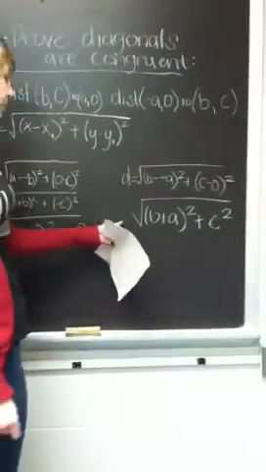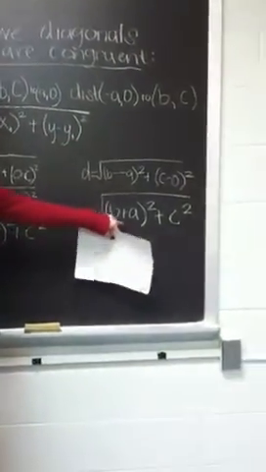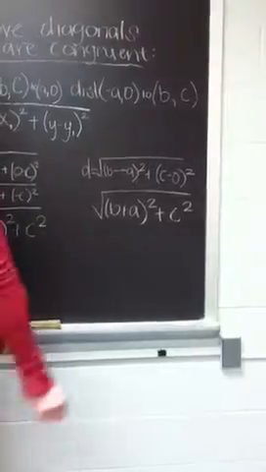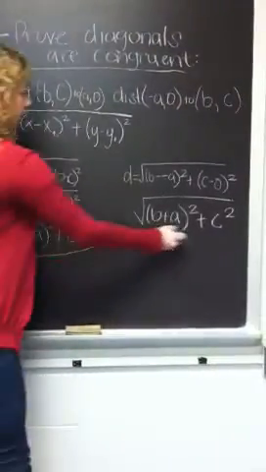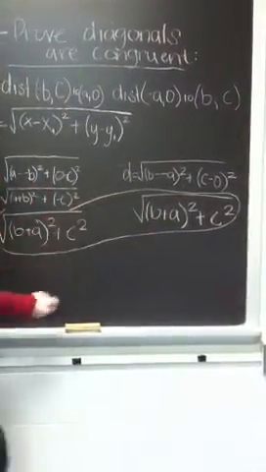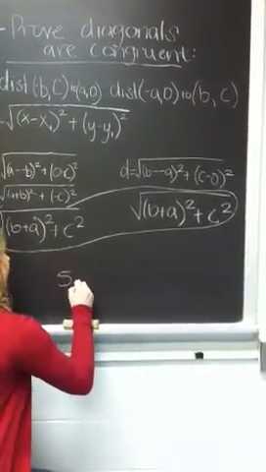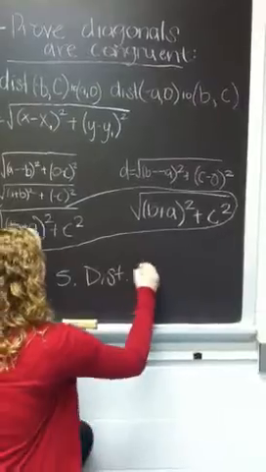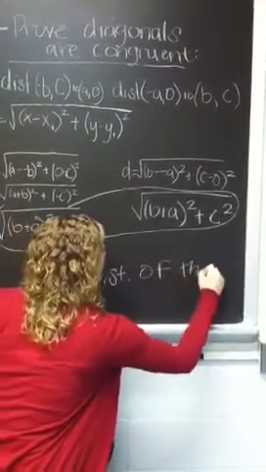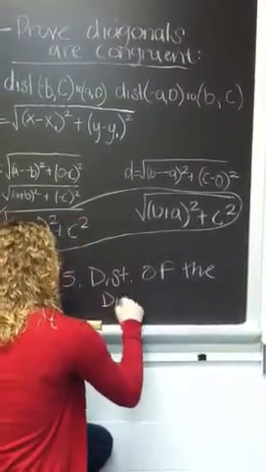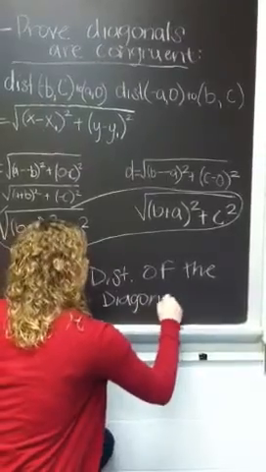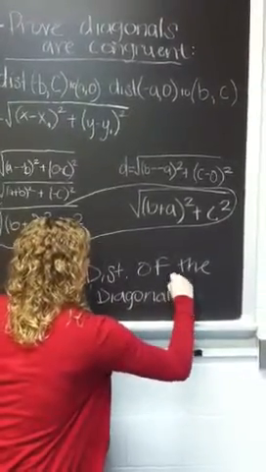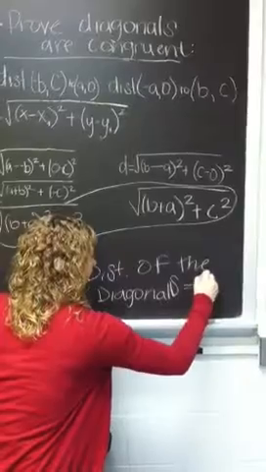And then on this one, we also have b plus a squared plus c squared, which means they are both equal, which proves that the distances of the diagonals are in fact congruent.